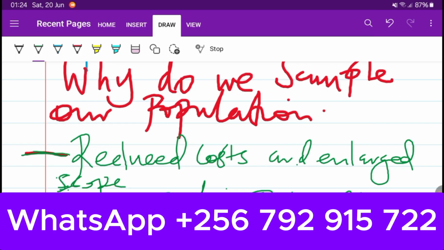So the moment you organize small groups of people and interview them, you end up with accurate information, and of course, when you have accurate information, you are going to draw accurate conclusions, because the data you have collected from the samples you have been able to organize very well, so that you can draw an improved inference about the population of study.